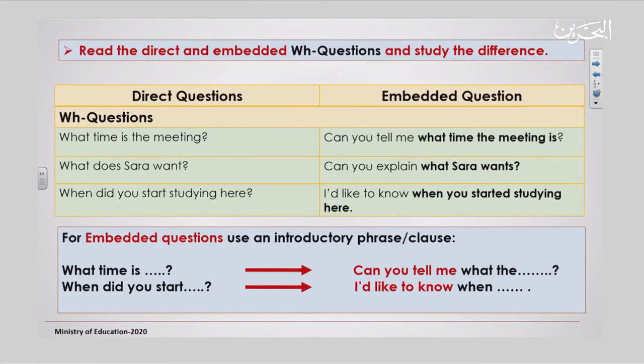Let's look at another example. When did you start? How are we going to write the embedded question? We are also going to add an introductory phrase or clause, which is, I'd like to know when. So always for WH questions, you use an introductory phrase or clause to form embedded questions.